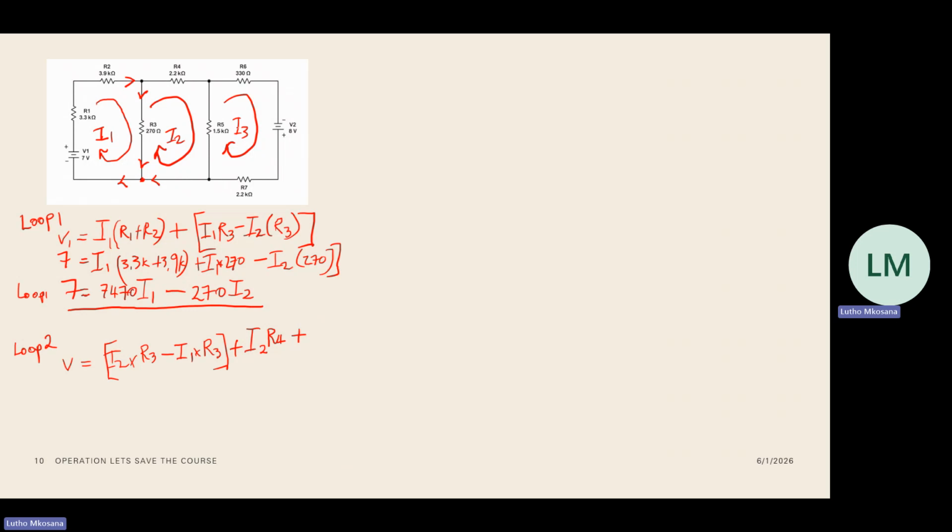So the voltage across R5 will be I2 multiplied by R5 minus I3 multiplied by R5, because according to loop 2, I2 is flowing in that direction and I3 is flowing in the opposite direction. I3 multiplied by R5.